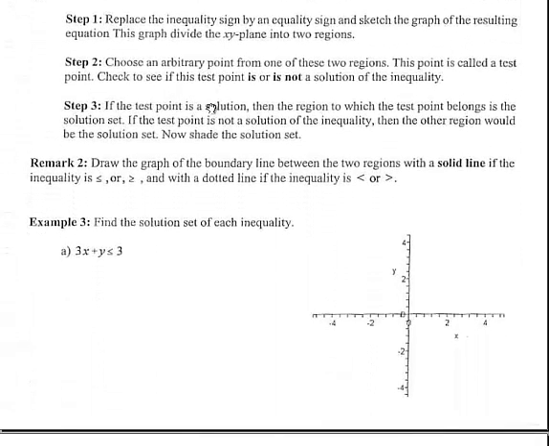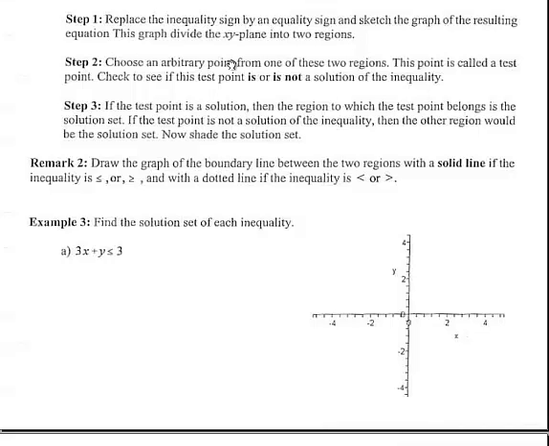Okay, so to solve that problem graphically, we basically followed 3 steps. We could have replaced the inequality sign with the equal sign and sketched the line. It's going to divide the xy plane into 2 regions. In the previous example, we had an upper division and a lower one.